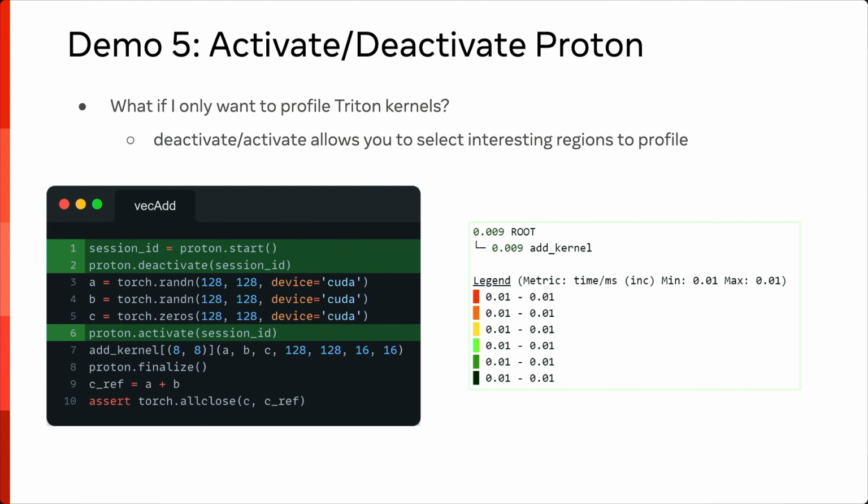Then immediately, we deactivate this profiling session so that we can skip profiling the PyTorch kernels. After that, right before the invocation of the Triton add kernel, we reactivate the profiling using proton.activate, with the argument being the session ID we just obtained. Then on the terminal, using the same proton-viewer command, we can see a clearer view, which only includes the add kernel.